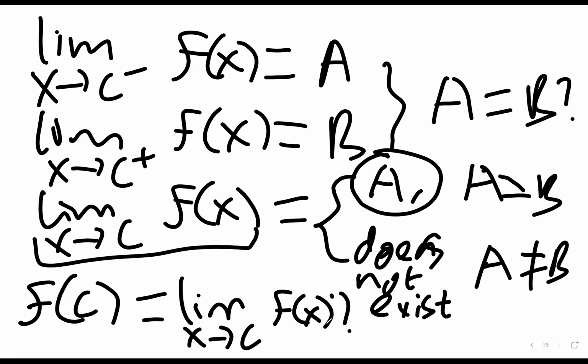Start from the left-hand or right-hand limit, obtain the value, and if both values are the same, consider the limit, and the limit should be the same as the value of the function. Then you conclude that the function is continuous. So that's the basic steps.